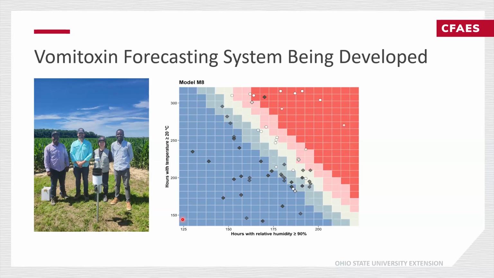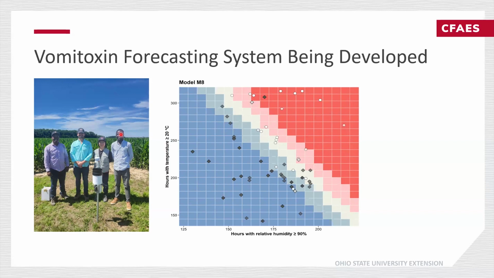And then as this progresses, our goal is it will be easier for you to pull up on your mobile device or laptop and be able to use it in a similar way to the wheat fusarium head blight forecasting tool, where all you have to do is enter in your location and it's going to show you a map and what that risk coverage looks like on that map.